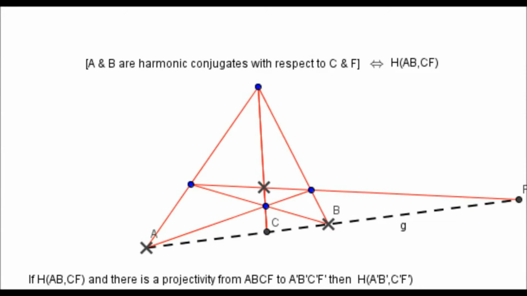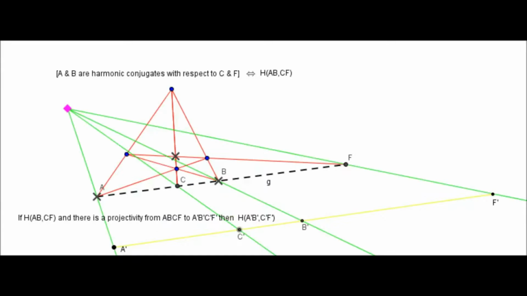If we have 4 points on a line, A, B, C, and F, and we have that there's a projectivity from these to A dash, B dash, C dash, F dash, and we also have that A, B and C, F have this harmonic property, then it implies that A dash, B dash, C dash, F dash also have this harmonic relationship.